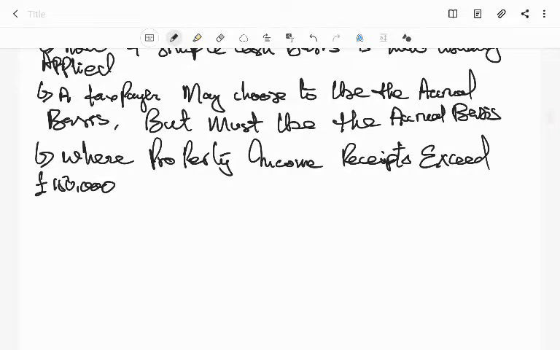Therefore, on the cash basis, the assessment will now be rental income received less allowable expenses paid.